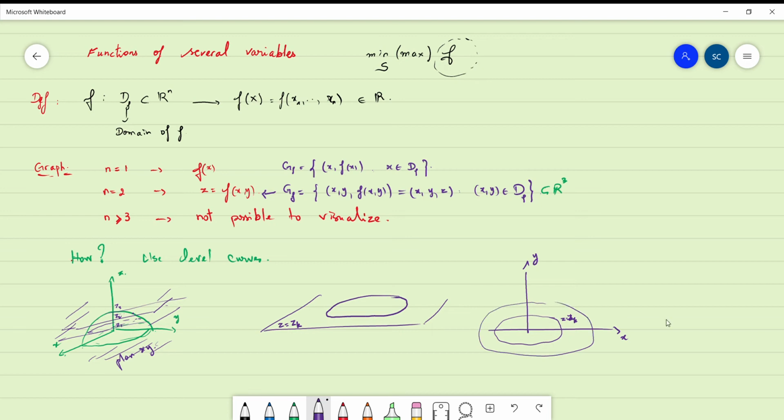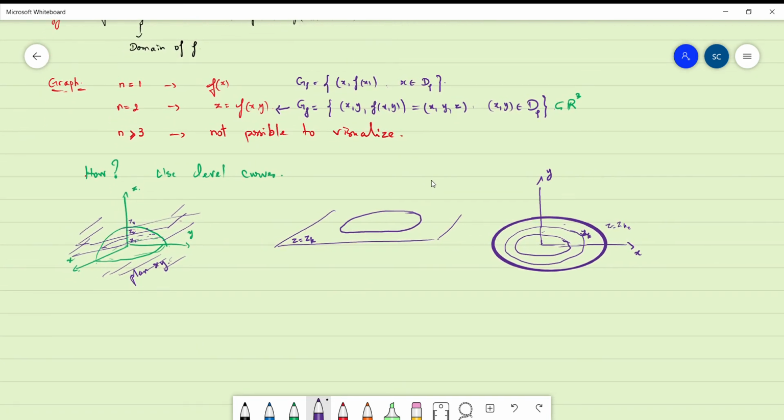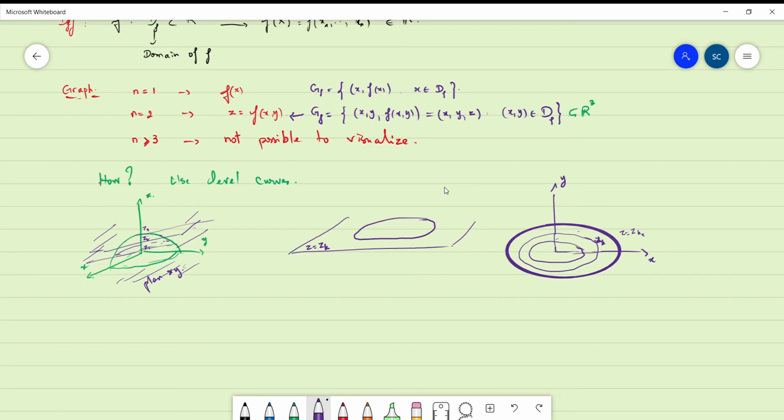If you regroup all your traces, you get an idea of the shape. That means we can elevate each level curve to its corresponding level and regroup them to reconstruct our shape. So this is a way to use level curves to graph a function of two variables.